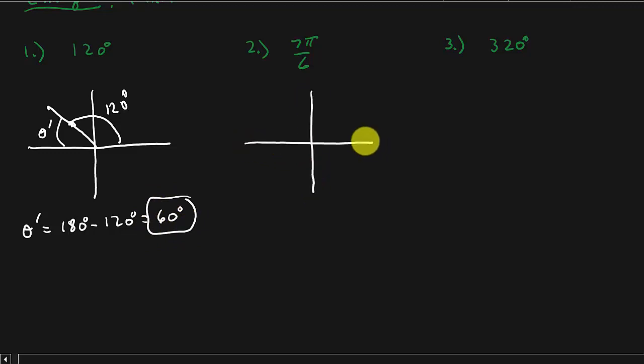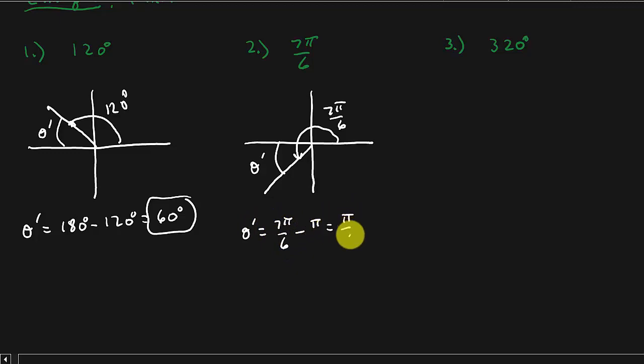Now let's look at this one. 7 pi over 6. Where's 7 pi over 6? It's right here. It's in the third quadrant. And so this would be my reference angle. My reference angle is 7 pi over 6 minus pi, which would just be pi over 6.